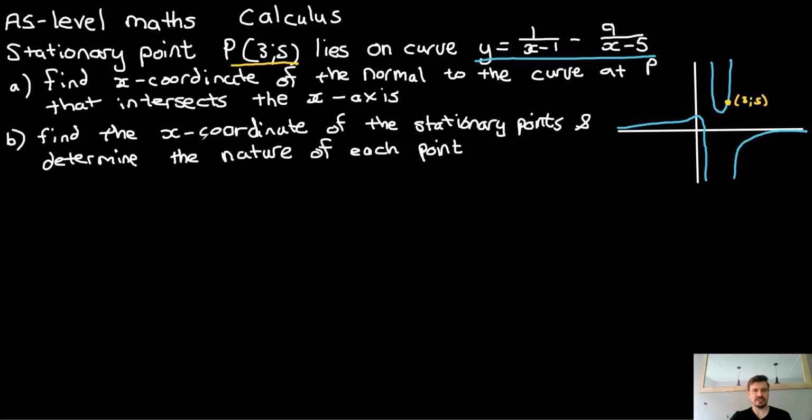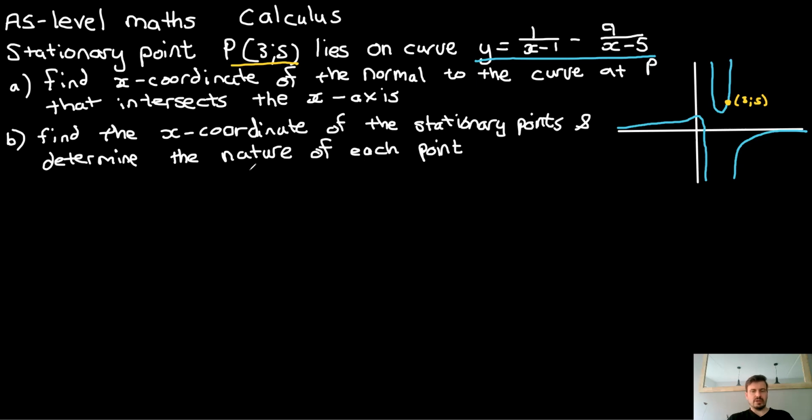Now, this question is quite tricky. They've asked about the stationary points in P, which, if I was designing the question, would have been what I would have asked first, because I think it's actually much more complicated to answer A. So, because this is for you to learn, I'm going to do part B first, which is easier for us to do.